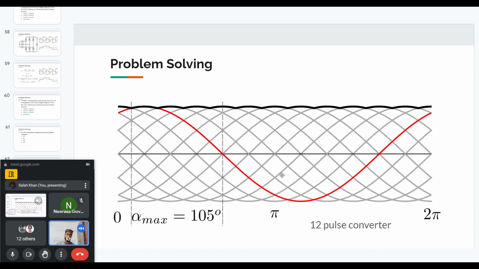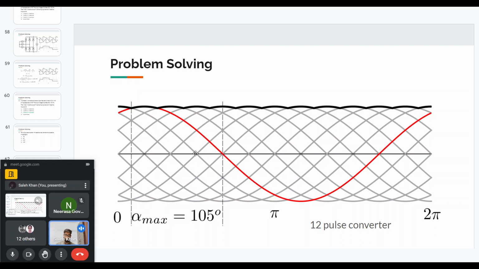Now for a 12 pulse converter, based on how many pulses there are, you can see that the alpha max can be a maximum of 405 degrees. Later on you can see how these are derived, because all these portions are 60 degrees.